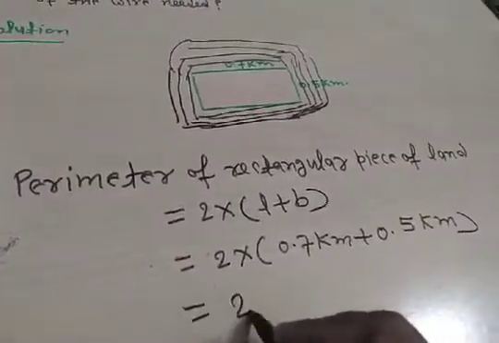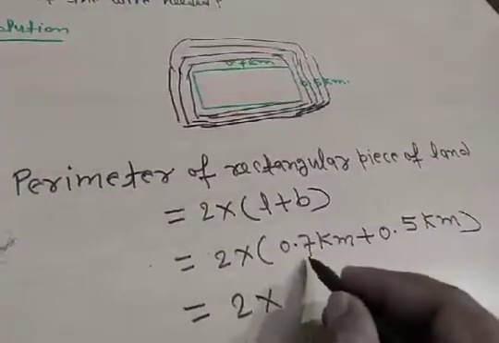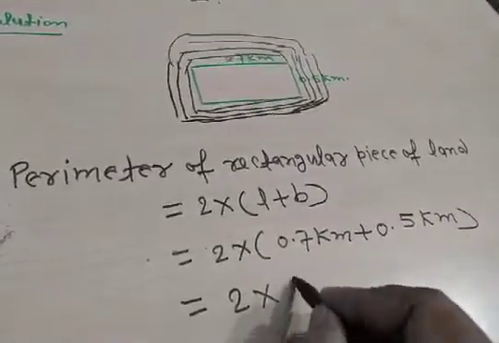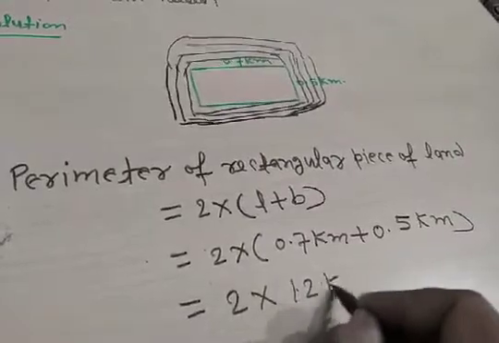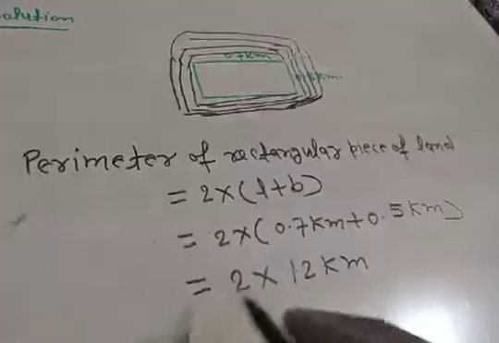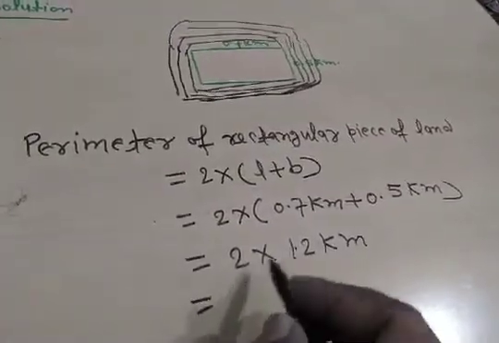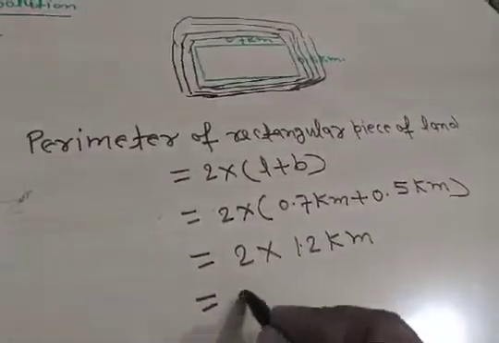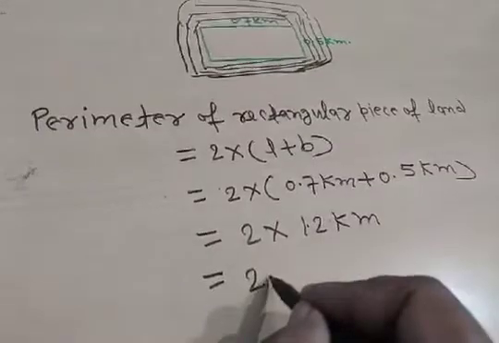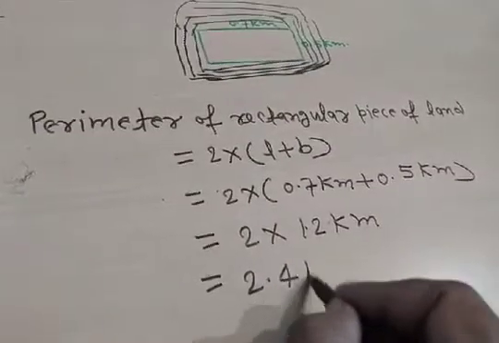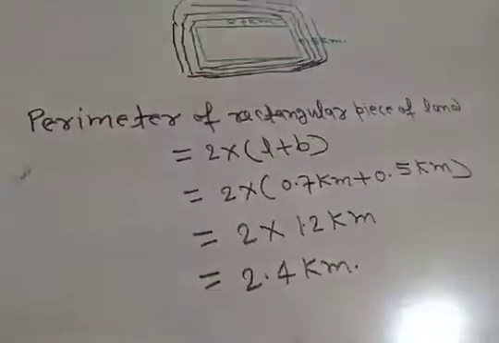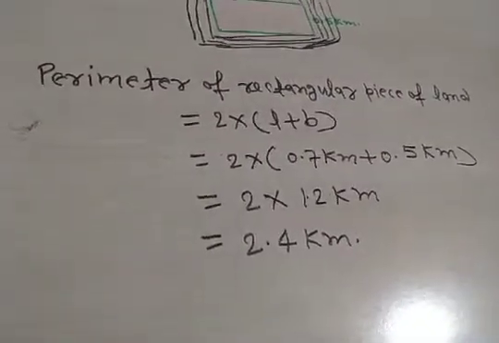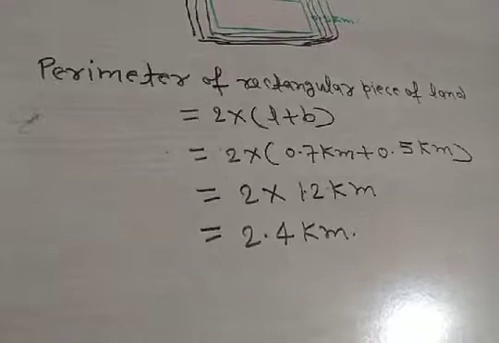So here 2 into 0.7 plus 0.5 is equal to 1.2 kilometer. Clear? Now multiply it. 2 into 1.2 is equal to 2.4 kilometer. Clear? This is the perimeter of the rectangular piece of land, 2.4 kilometers.